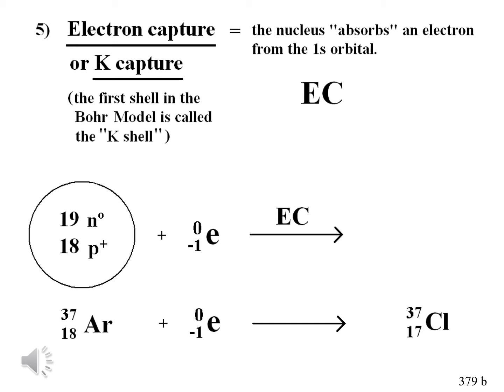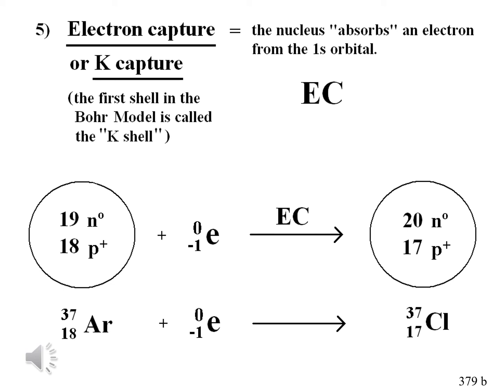In order to make the bottoms add up, you would write a 17 and the top's 37. Chlorine-37 is one of the two stable isotopes of chlorine. That isotope would have 20 neutrons and 17 protons, which means this time you're increasing by 1 neutron and decreasing by 1 proton. And so a proton in the nucleus changes into a neutron.